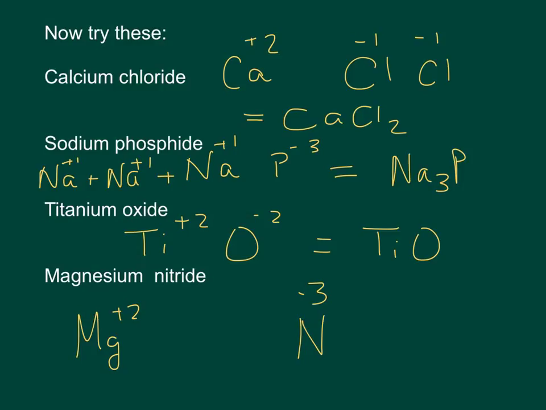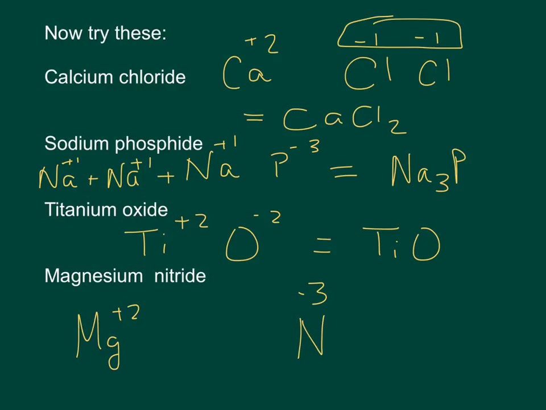Okay, so now let's take a look at some of these answers. Calcium chloride has Ca and Cl. The Ca has a +2 charge. Chlorine has a -1. So really it's going to take 2 chlorines mathematically to equal 1 calcium. I have 2 -1 charges for -2 total, and +2 charges.